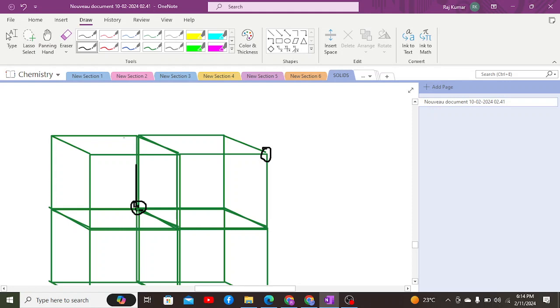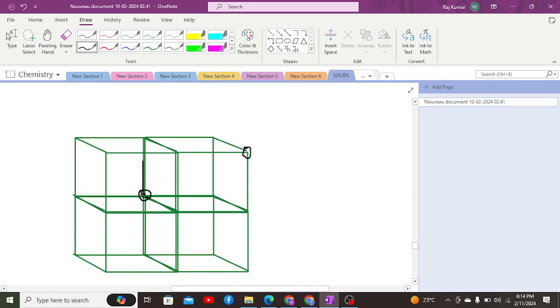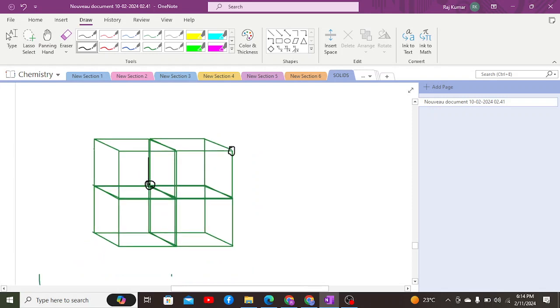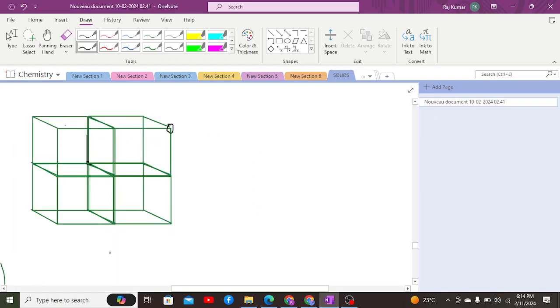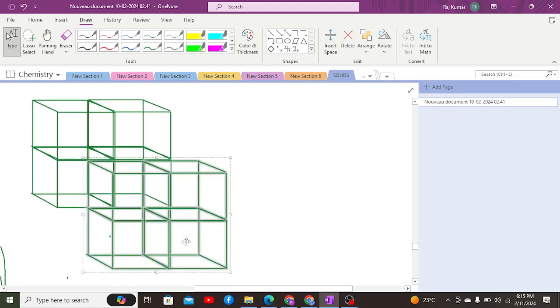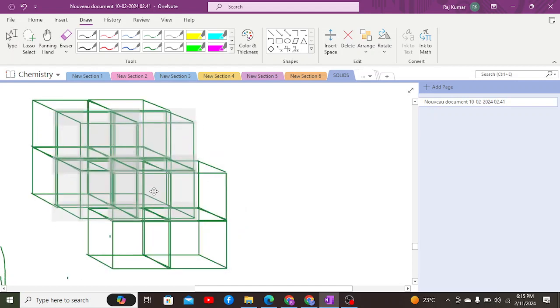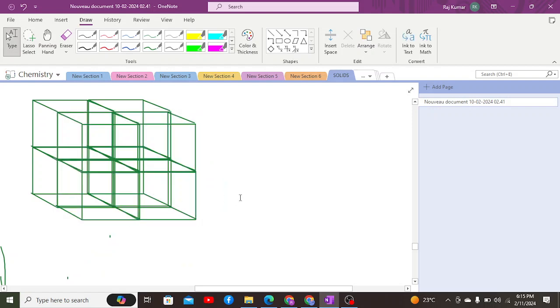Now on the other hand, when we are going to draw its structure further, on the back side there will also be some sort of arrangement. If I'm going to put a similar structure behind it, at that moment there will be that same corner.